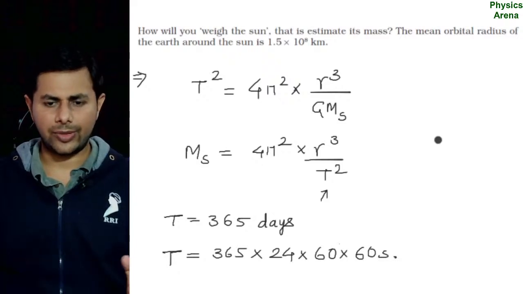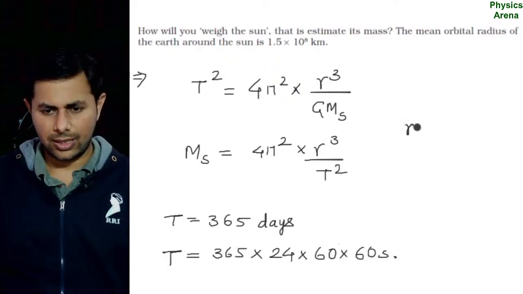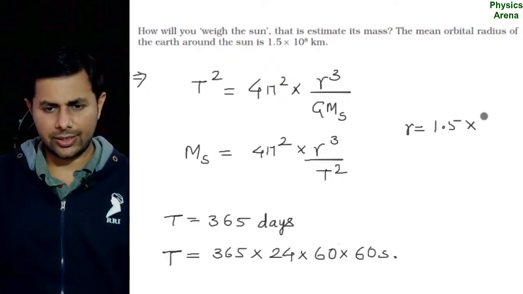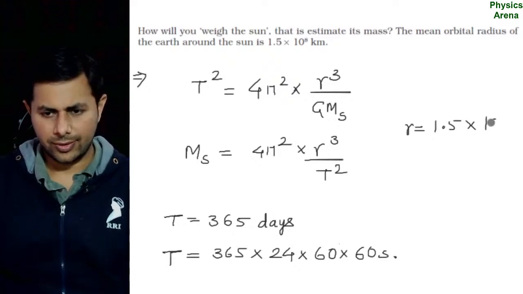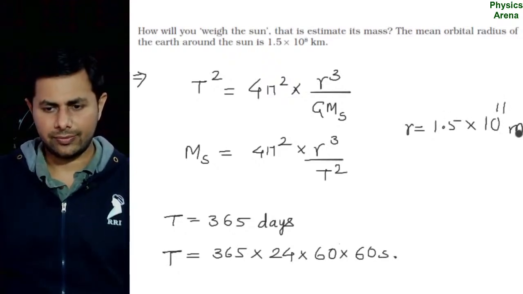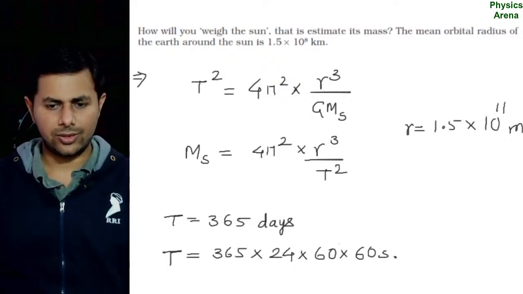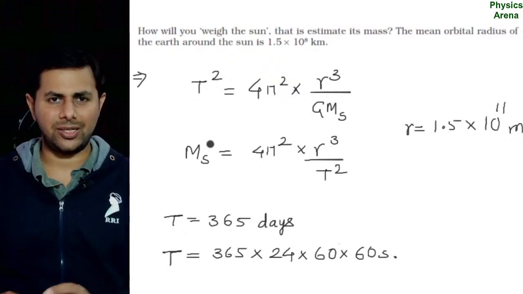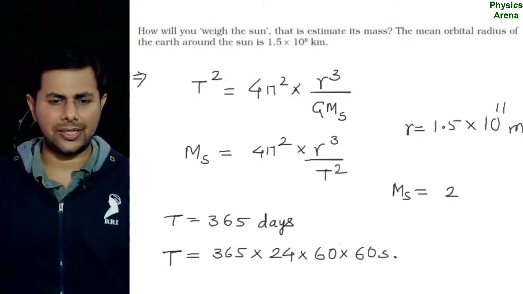So again there are lots of calculations, and r is what? r is 1.5 into 10 raised to 8 kilometers. So in meters it will be that multiplied by 10 raised to 3, so it is 10 raised to 11. So substitute this, substitute the time period, just do the calculations, and you will get the mass of Sun, and the answer will be 2 multiplied by 10 raised to 30.